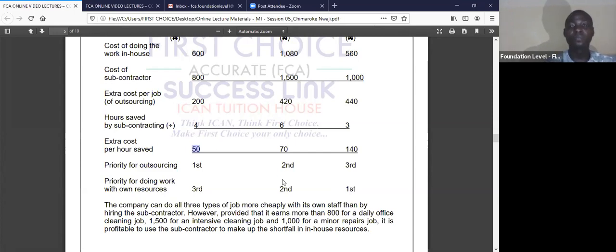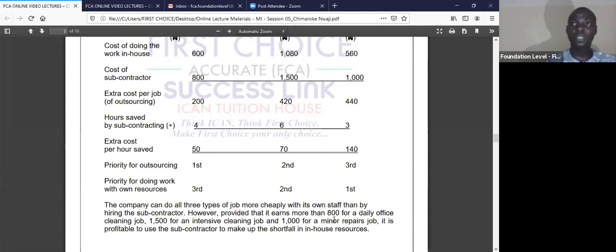However, provided it earns more than 800 naira for daily cleaning, or more than 1,500 for intensive cleaning, or more than 1,000 for minor repair of a job, it is profitable to hire a subcontractor to make up for any shortfall of the in-house resource.